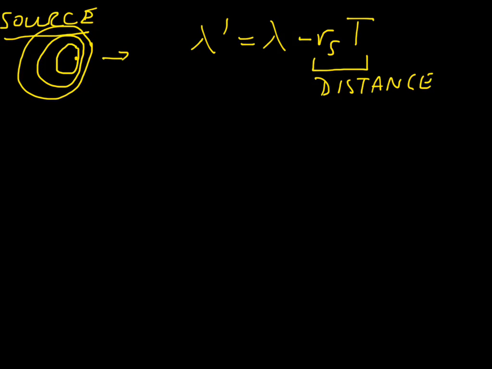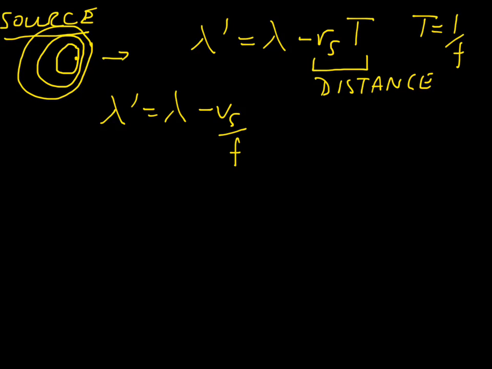So now remember that T is actually equal to 1 over F, and so we see that lambda prime is equal to lambda minus Vs divided by F. Okay, again, that's a reasonable result, but we need to have it in terms of frequencies.